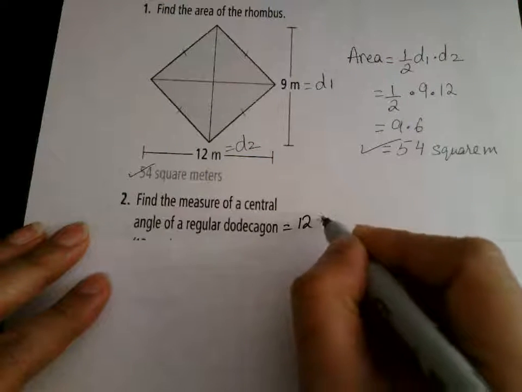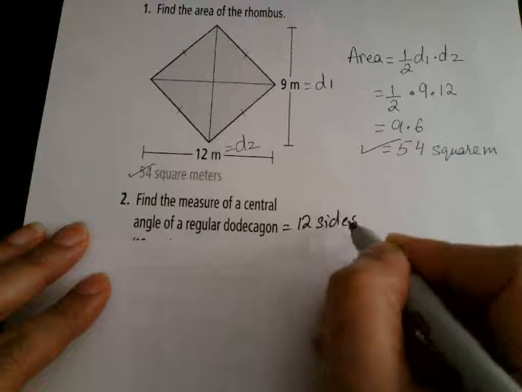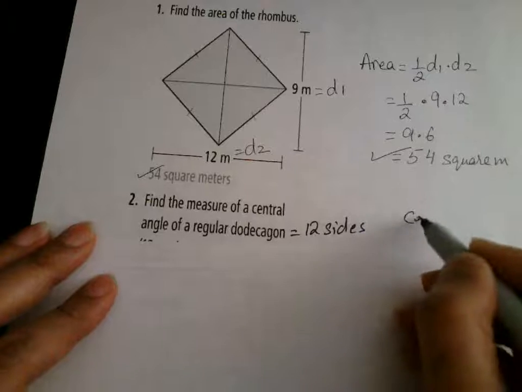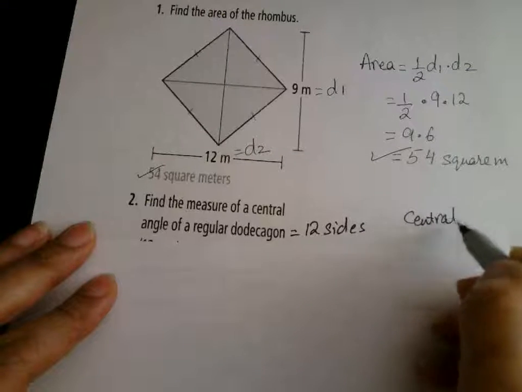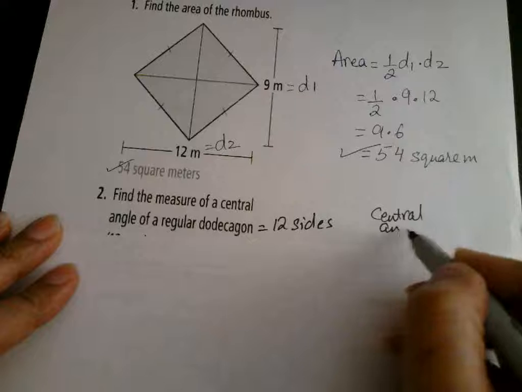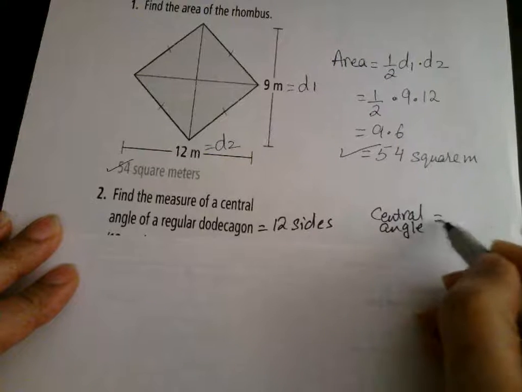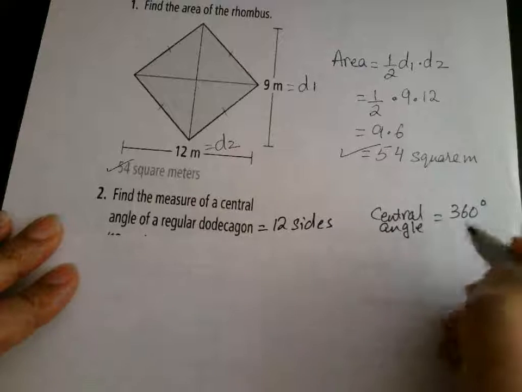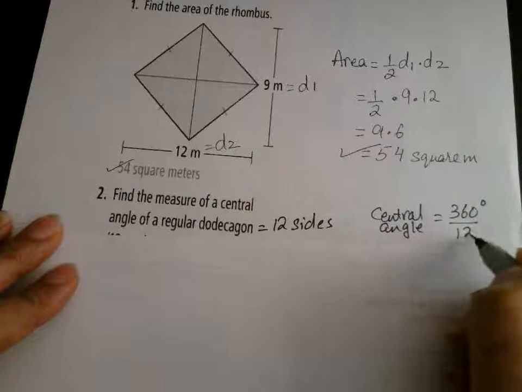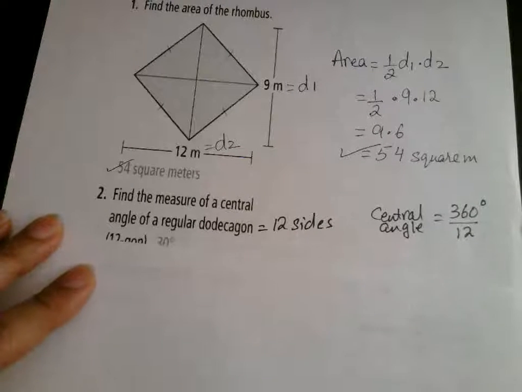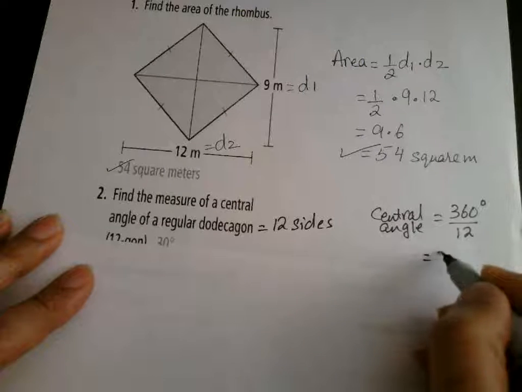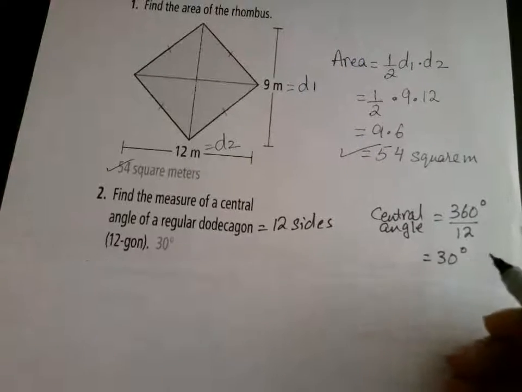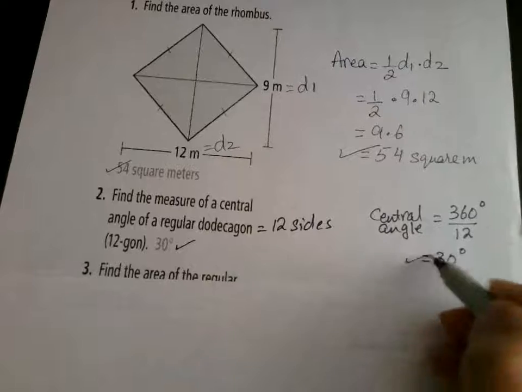Dodecagon is nothing but 12 sides. So, the central angle will be 360 degree, which is the total, divided by the number of sides. So if I do that, it will give me 30 degree. Check.